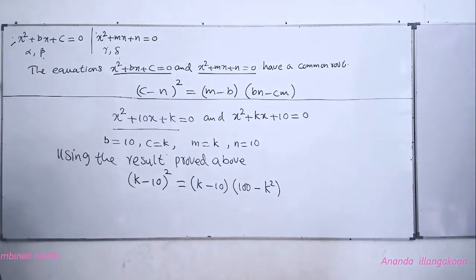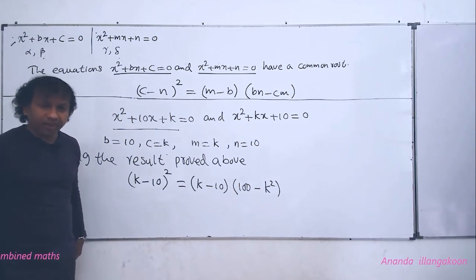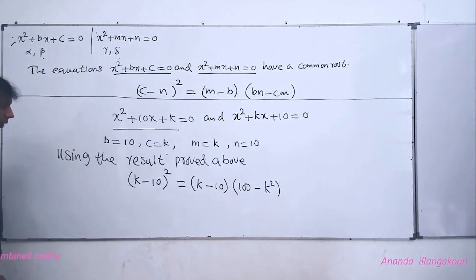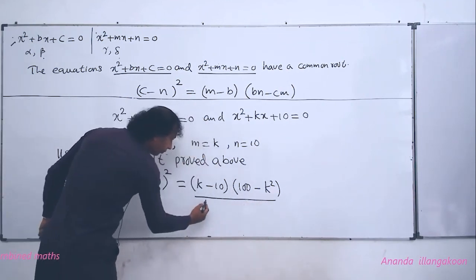Now what we do is, people, by simplifying this, we have to take the value of k. Right? Okay, I simplify it like this. I take this right hand side to the left. This way.